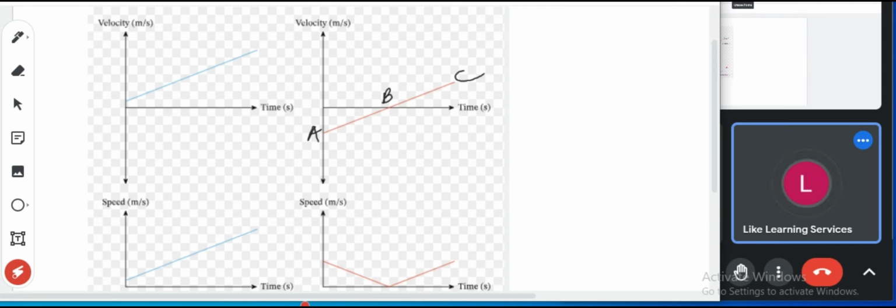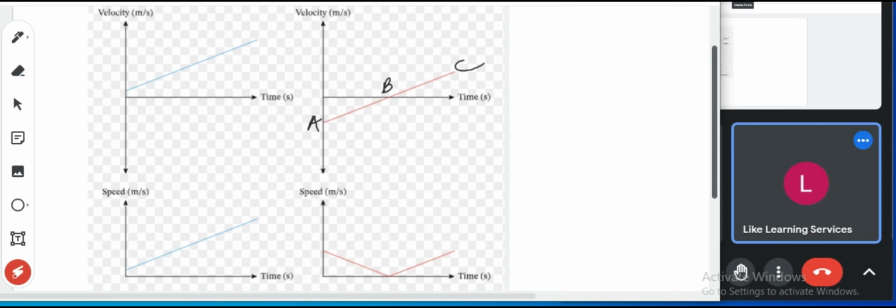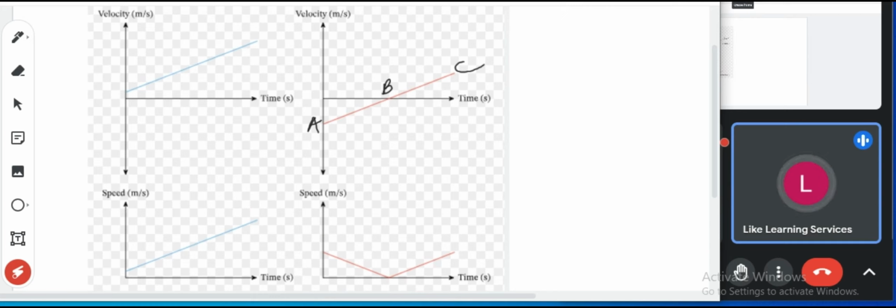In fact, because speed does not concern itself with direction, it's only size, magnitude, you don't have it below or on the other side of the time axis. Speed, we are not interested in direction.